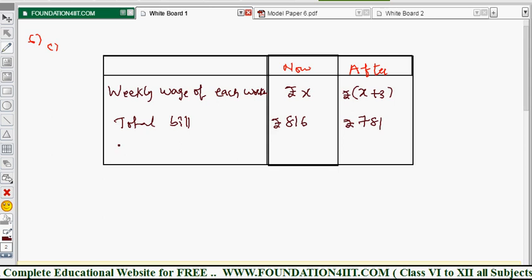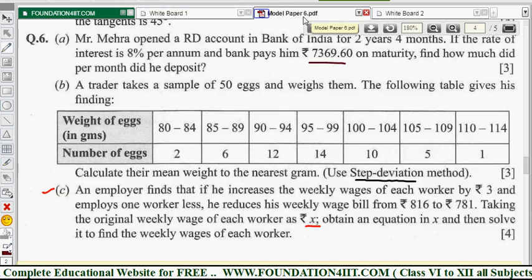Okay, and number of workers. So the number of workers is the total bill divided by weekly wages, that is 816 by x. It is the same as 781 by x plus 3. But according to the problem condition, one worker is less. That means the difference of the number of workers should be 1. Right?